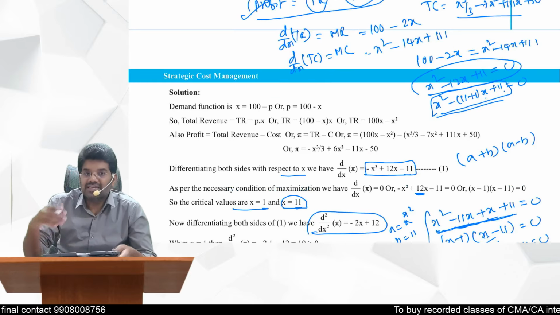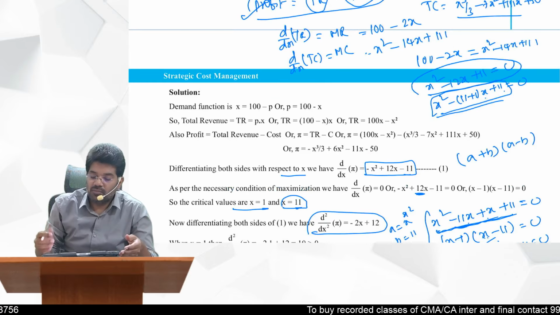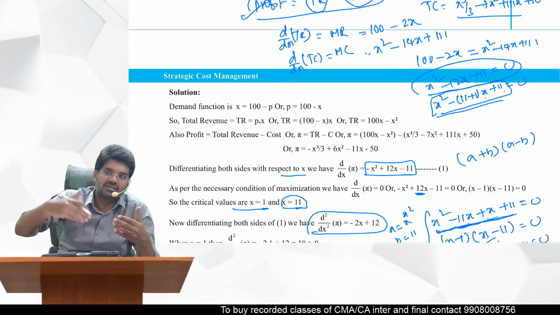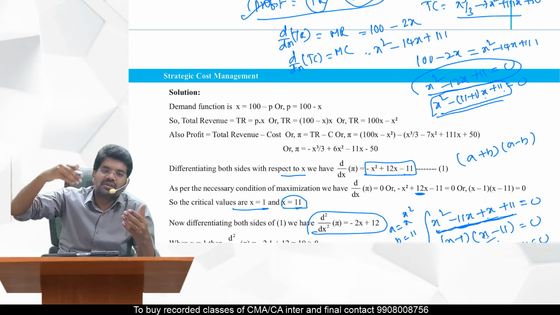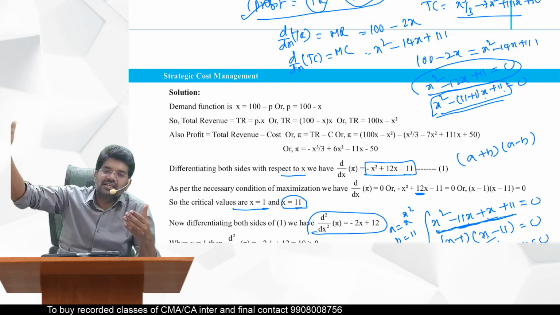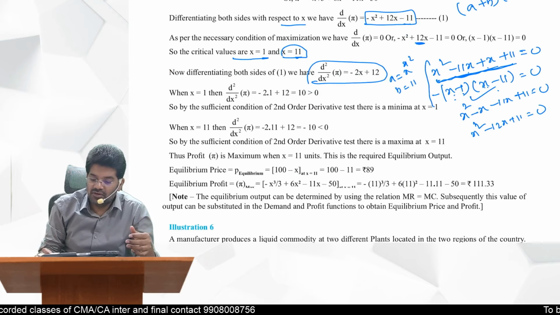What we have done is MC separately. So what you can prove is that if you perform the second order derivative for MR and for MC also, and show that second order derivative of MR is less than that of MC, then perfect. So I will do that now.